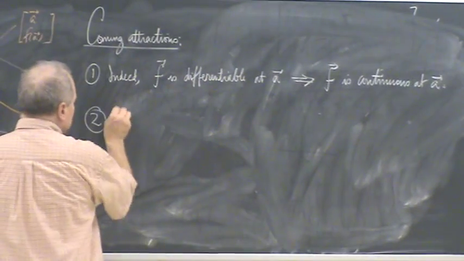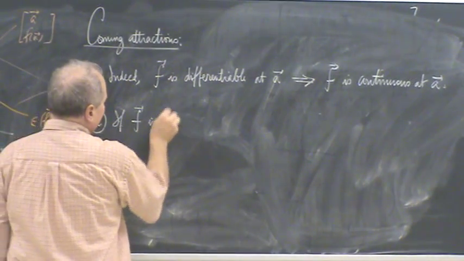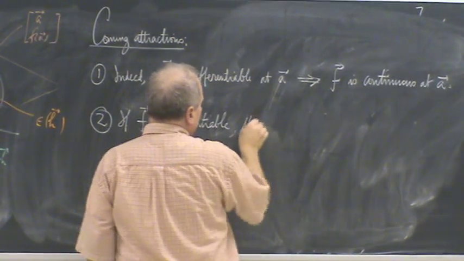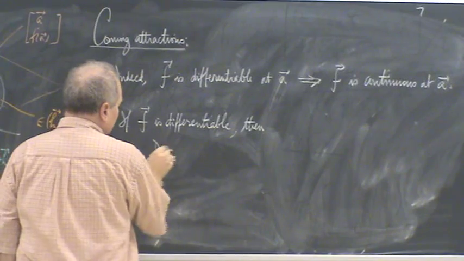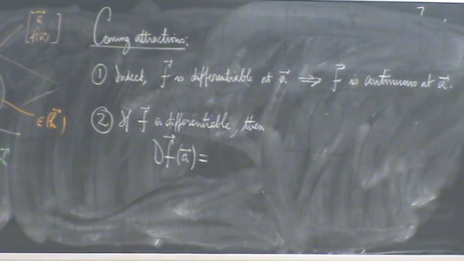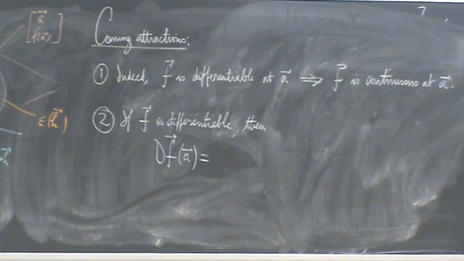So if f is differentiable, then the derivative is given by what matrix? Well, it's mapping Rn to Rm, so m by n.